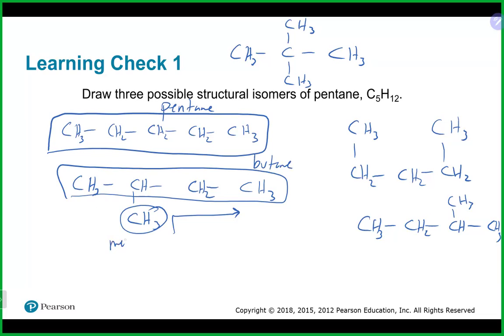We have a methyl group, and if I number those carbons, that methyl should end up at what carbon? 1, 2, yeah, 3, 4. If I went this way, 1, 2, 3, 4. Smallest number, right? So this guy should be a 2-methylbutane. That is a different name than pentane, so check, that's an isomer.